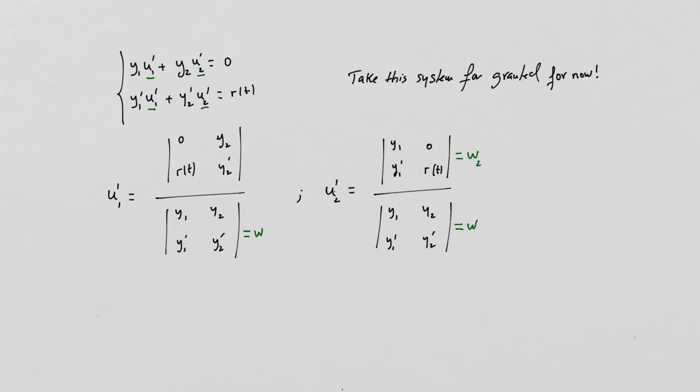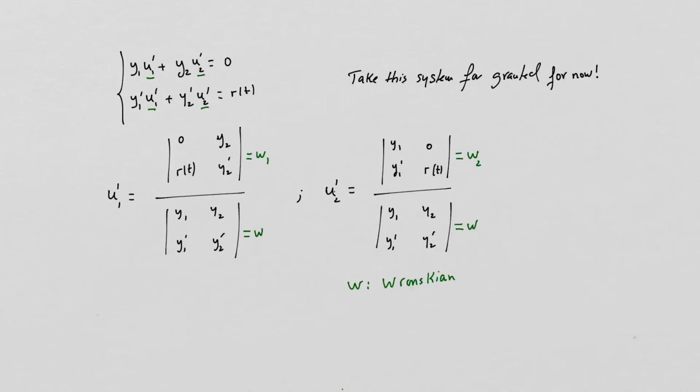We're going to call this W1. W stands for the Wronskian, a famous mathematician. So that's why we call them W's.